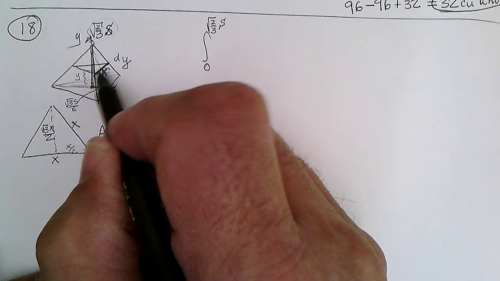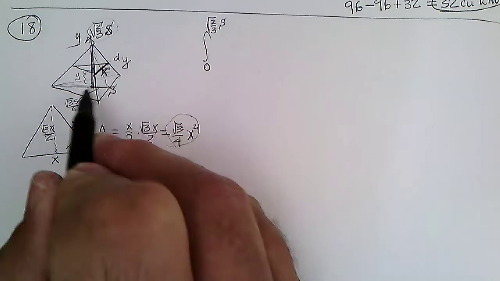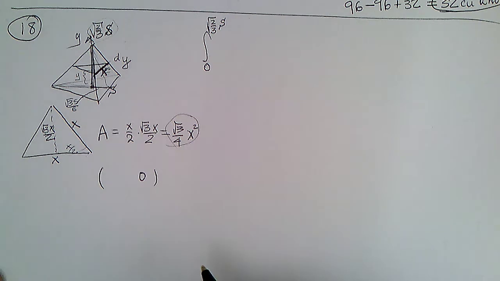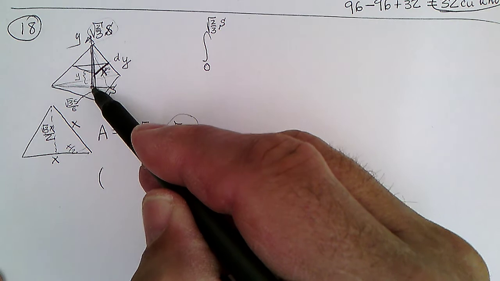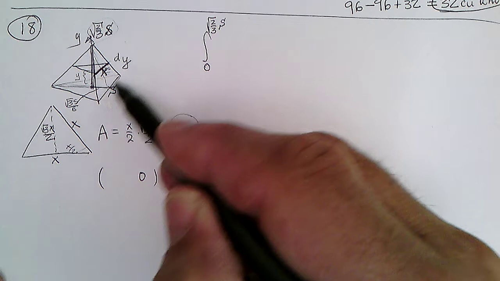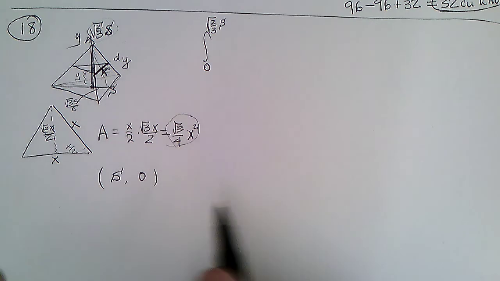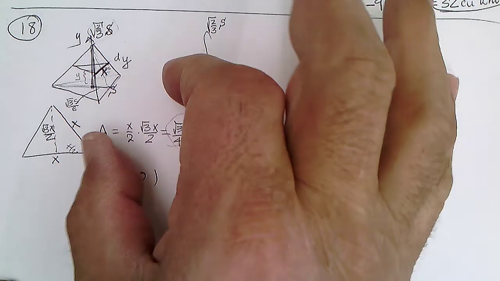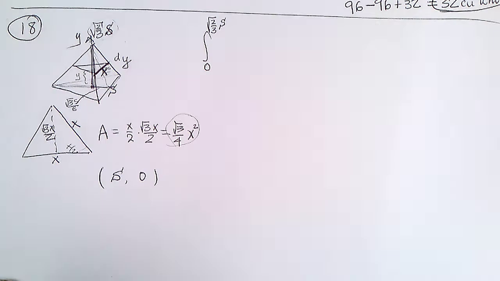So I realize that when y is 0, when I'm clear down here at the bottom, the x will be the full length s. And as I go up in y, the s will decrease, or the x will decrease to 0.